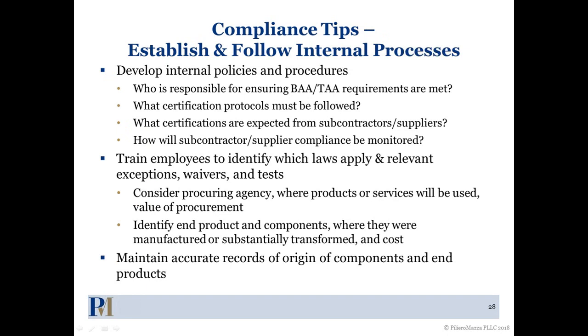And always good practices here, which apply equally to BAA and TAA issues as they do to a lot of other things when it comes to government contracting: make sure that you have solid internal policies and procedures, a hierarchy within the company for reporting and chain of command, it's in the employee handbook, and your people are trained.